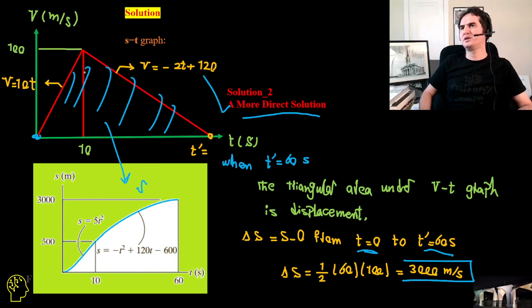That's the area under these two triangles. If you add them up together, it's one large triangle with a height of 100 and a length of 60, which is t prime equal to 60 seconds. That delta S gives you directly 3000 meters. That's the displacement, 3000 meters.